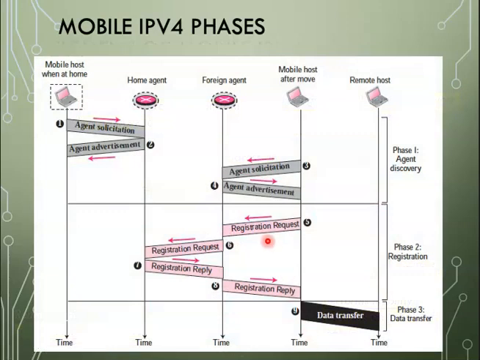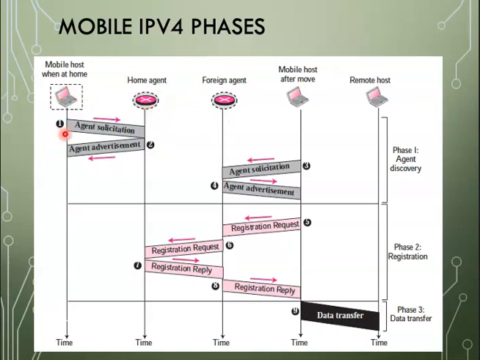Okay, so there are three mobile IPv4 phases: phase 1, agent discovery; phase 2, registration; and phase 3, data transfer. To communicate with a remote host, a mobile host has to go through these three phases. The first, agent discovery, involves the mobile host, the home agent, and the foreign agent.